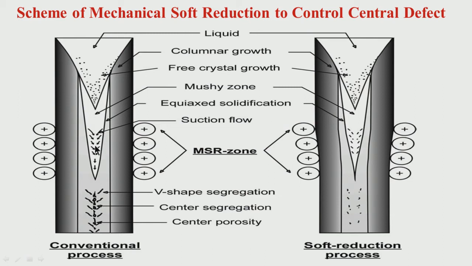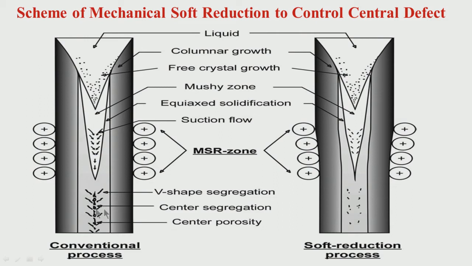Now under the normal conventional process, during the last stage of solidification you will have some V shape of segregation, you have central segregation and you have central porosity. Porosity is because of the shrinkage at the last stage of solidification. Segregation is because the extent of segregation is relatively more at the final stage of solidification.